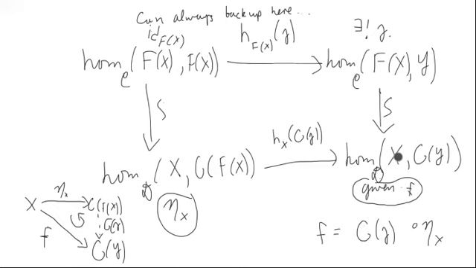The element in here, f, is given by extending this map, A to x, by a morphism G of gamma, because that's how this map between Homs works, by extension. So we actually get that this element is equal to this guy composed with A to x.